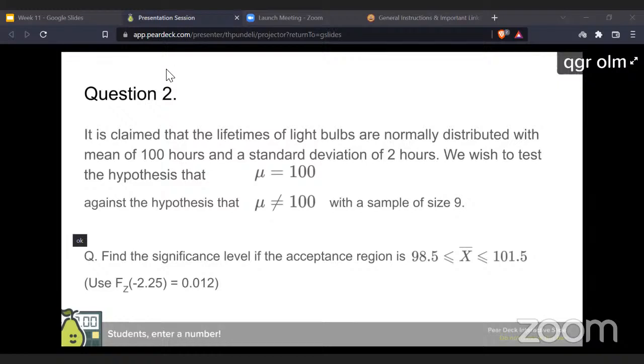And the power of the test is 1 minus beta. This is defined as, given the alternative is true, you accept the alternative. This is the power of the test, and you want this power to be as big as possible.